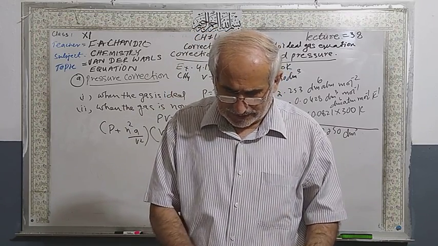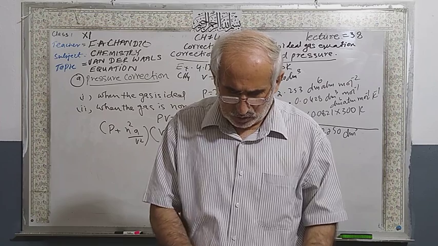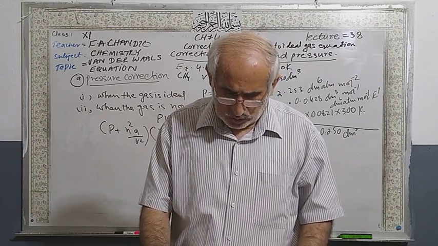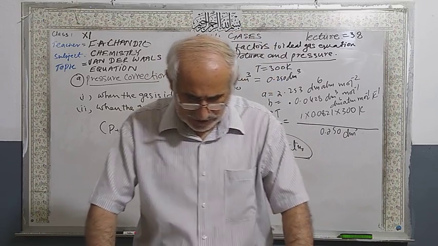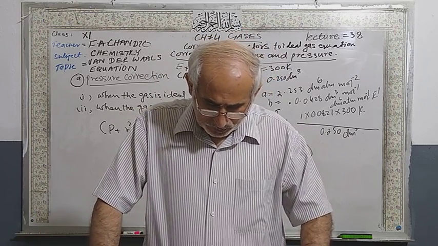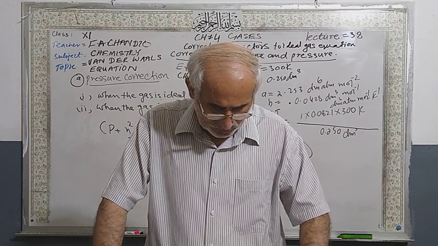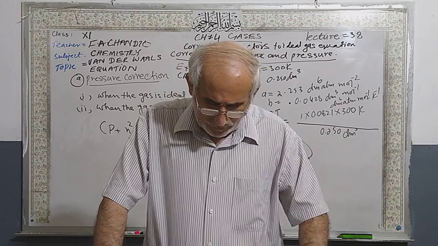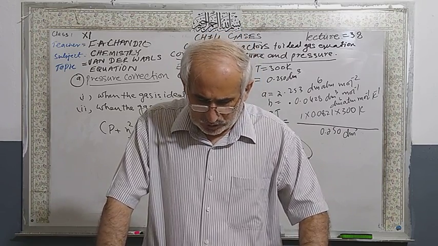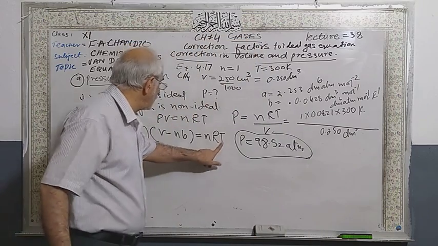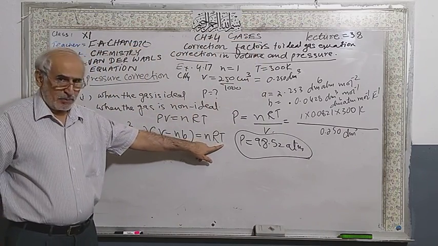Now if you see the exercise questions I am giving you, you have to solve these two. If you see the exercise question number 16, by using the van der Waals equation, find the temperature.